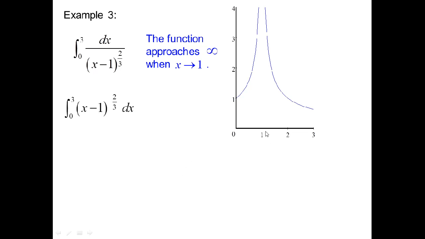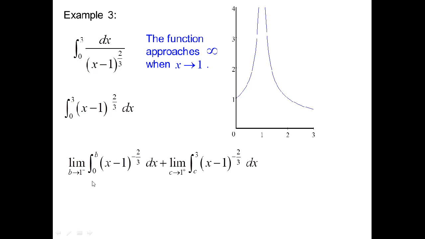So we have that vertical asymptote at 1. That's going to be our problem. And if we're going from 0 all the way to 3, we're going to have to approach that in this first interval from 0 to 1, and in the second interval from 1 to 3. So we have to split it up into two.